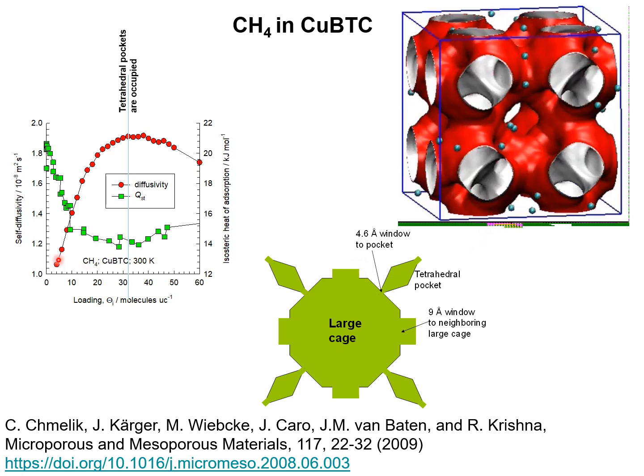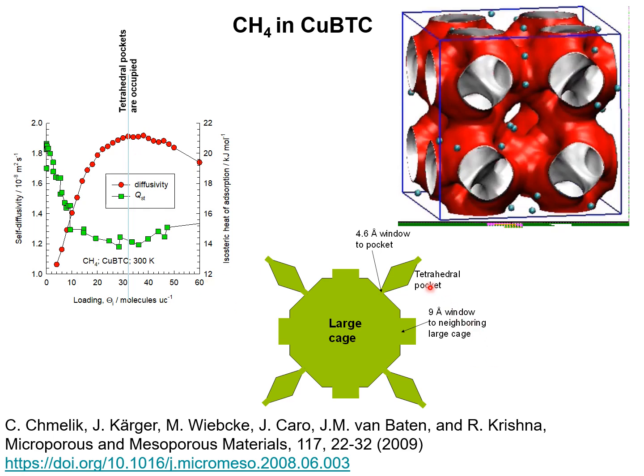MD simulation data for the self-diffusivity of methane in copper BTC as a function of loading is shown by the red circles. Interestingly, at a loading of 32 molecules per unit cell, the self-diffusivity of methane exhibits a maximum.